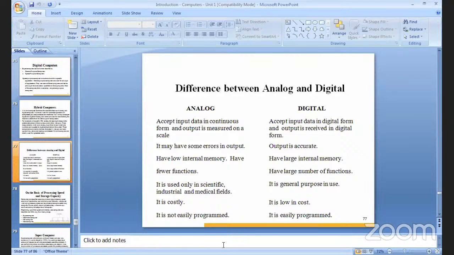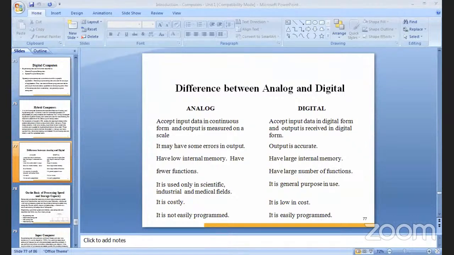Digital accepts input data in a digital form, and the output is also received in a digital form.